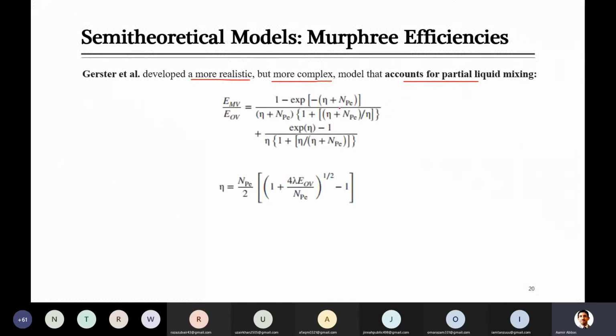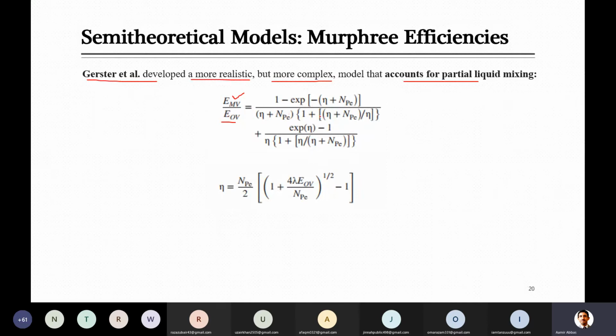For the case of partial mixing, Gerster et al. developed this equation, which is very complex, but provides results close to reality. In it, EMV, the mercury vapor efficiency, meaning the efficiency of one plate, is compared with the efficiency at various points on the plate.